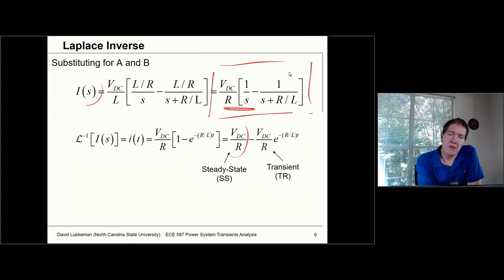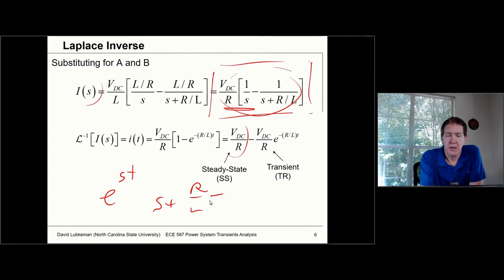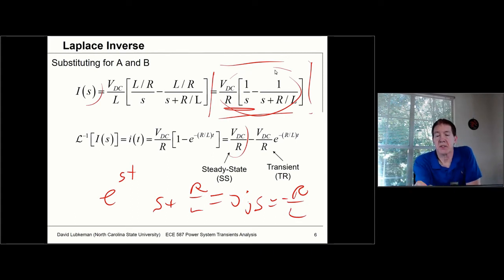And then this term right here, VDC over R times minus 1 over S plus R over L, basically translates back into a term e to the st, where s is the root of the equation S plus R over L equal to 0, where S is equal to minus R over L. And so the inverse Laplace of VDC over R times minus 1 over S plus R over L translates back into the time domain as minus VDC over R times e to the minus R over L times t.